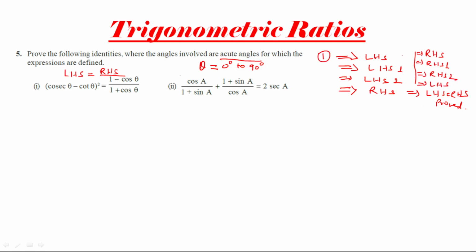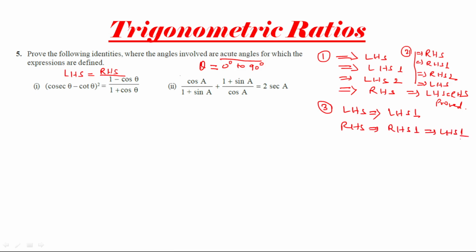So this is the first way, this is the second way, and the third way is what? We solve LHS and get something, LHS 1. We solve RHS and get RHS 1, which will be equal to LHS 1.